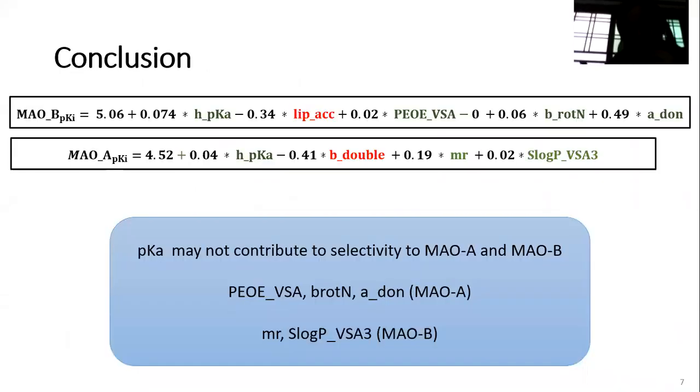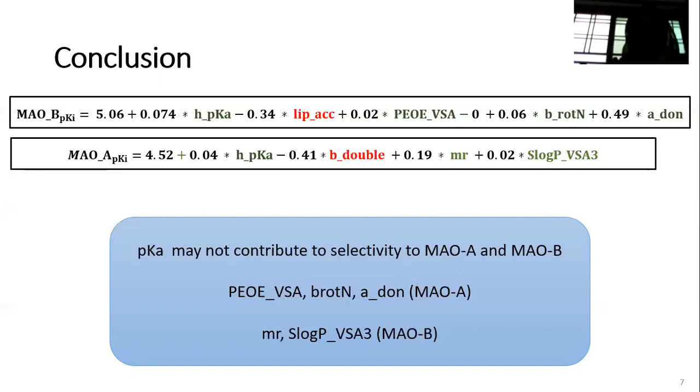On the other hand, MAO-A had certain features with also good statistical features. Further, at the end, we were able to conclude that pKa may not contribute to selectivity of isoforms, both MAO-A and MAO-B, because pKa for MAO-B is positively contributing to activity, and pKa for MAO-A is also positively contributing to activity. So it will not make a major difference towards selectivity.